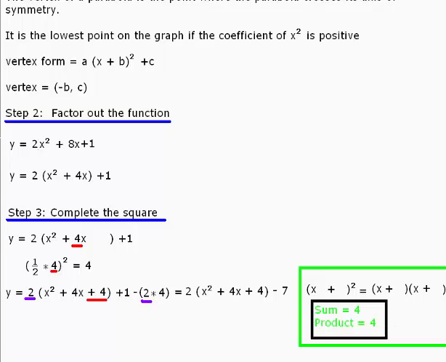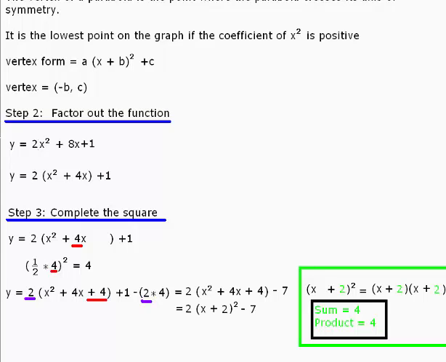We want the sum of the two numbers to equal the constant 4, and we want the product of the two numbers to equal the linear coefficient, which is also 4. It looks like the number 2 works quite well because the sum of 2 plus 2 is equal to 4, and the product of 2 multiplied by 2 is also equal to 4. Okay, so now we can go ahead and complete the square.